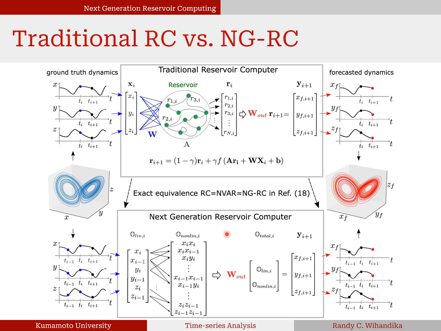And this configuration has been proven mathematically to be equivalent. So the traditional RC is equivalent to the NVAR, and this NVAR is what the author called the NGRC. So this is equivalent with several additional advantages.